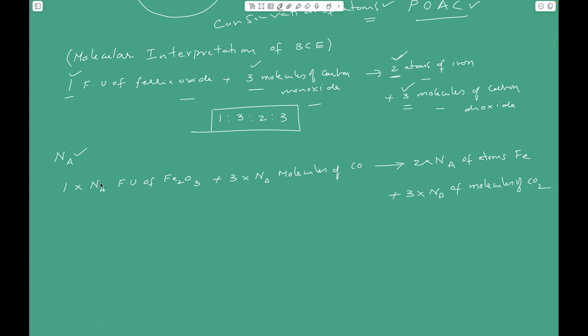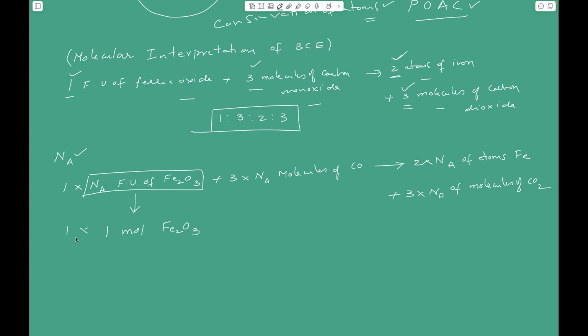Now, if you have an Avogadro's number of particles, then that substance is 1 mole, right? So I can replace Avogadro's constant of formula units of Fe2O3 with 1 mole of ferric oxide.